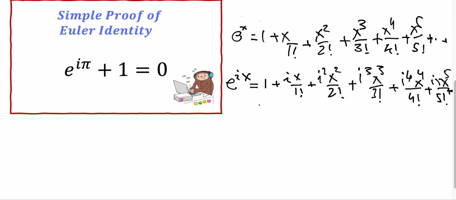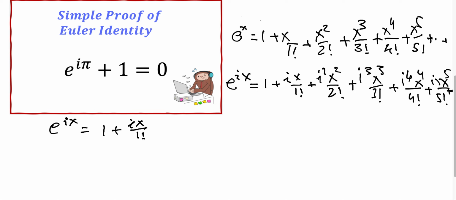But now if we rearrange this equation a little bit, we can write e to the power ix is equal to 1 plus i times x over 1 factorial.